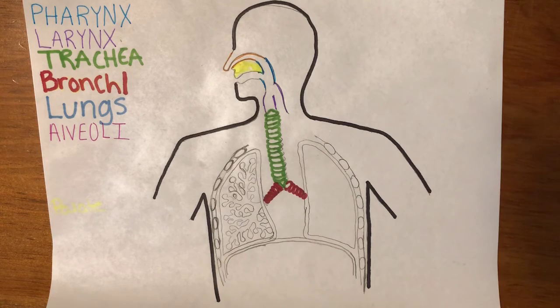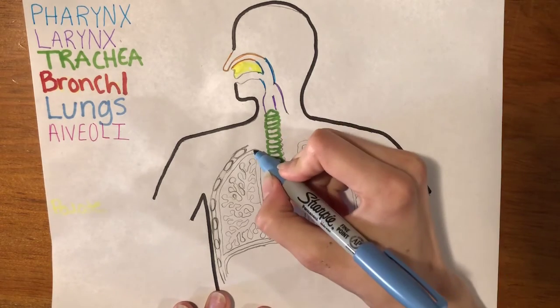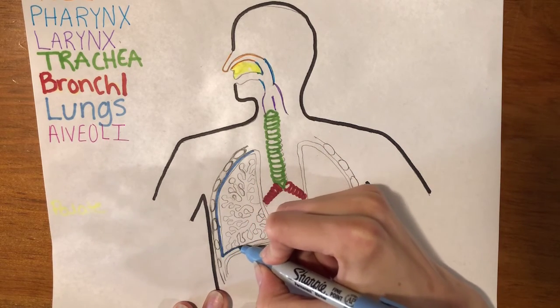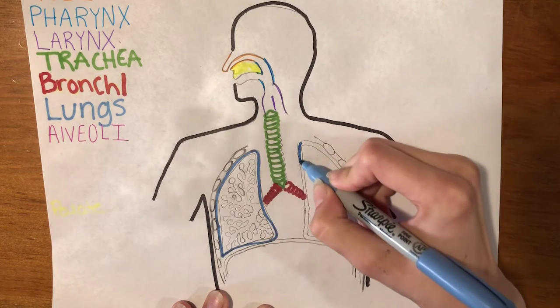So the lungs are the large organs that occupy the entire thoracic cavity, except for the mediastinum, which houses the heart, blood vessels, and other organs.